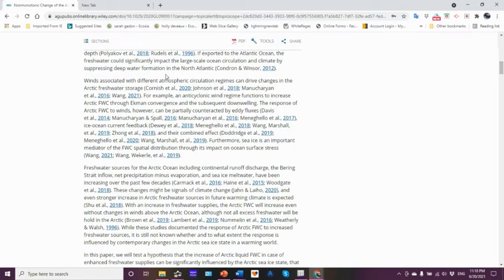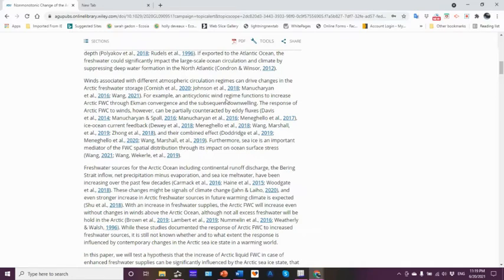Winds associated with different atmospheric circulation regimes can drive changes in the Arctic freshwater storage. For example, an anticyclonic wind regime functions to increase Arctic freshwater content through Ekman convergence and the subsequent downwelling. Okay, translation. The Beaufort gyre is what they're referring to here. Now, anticyclonic is basically a clockwise rotation in the northern hemisphere.